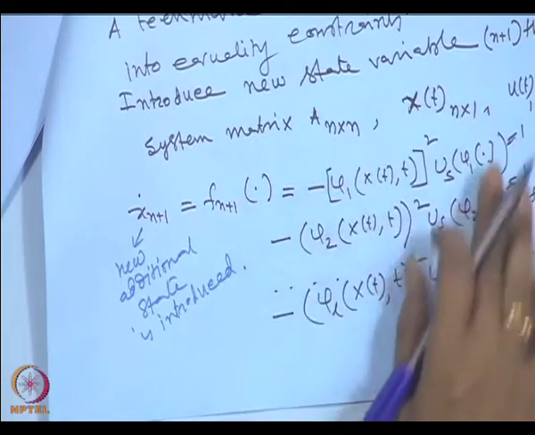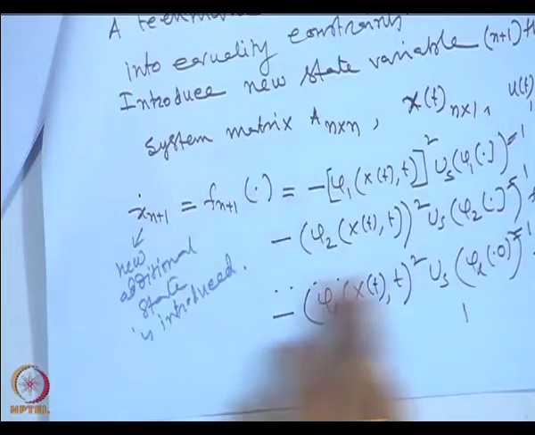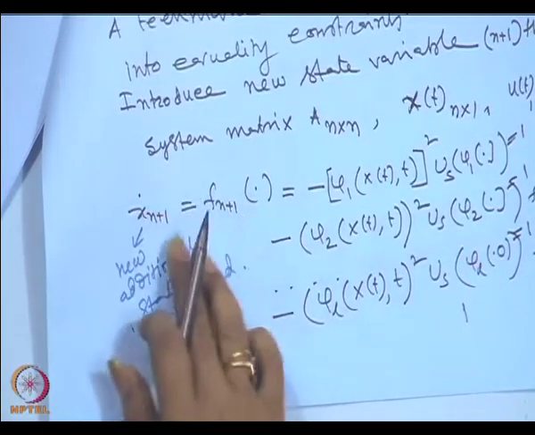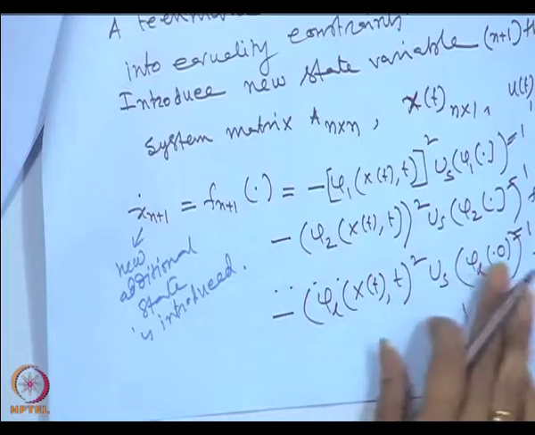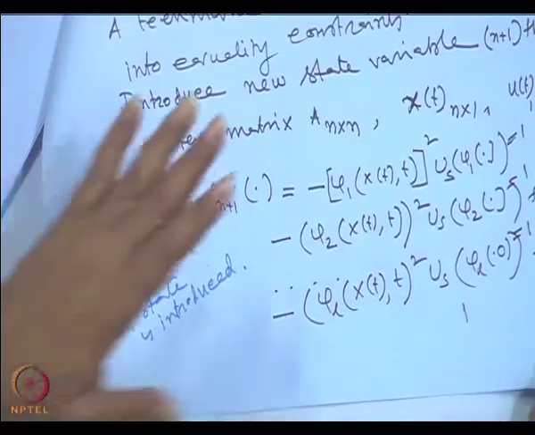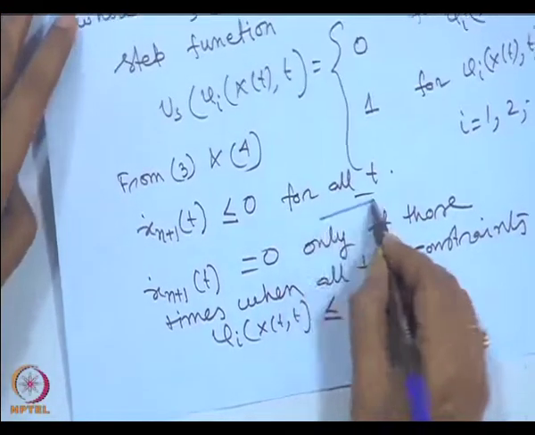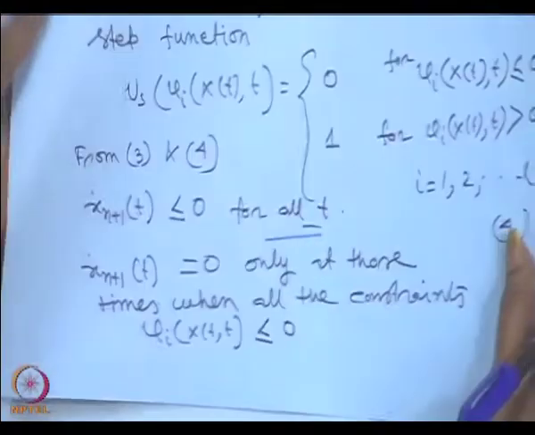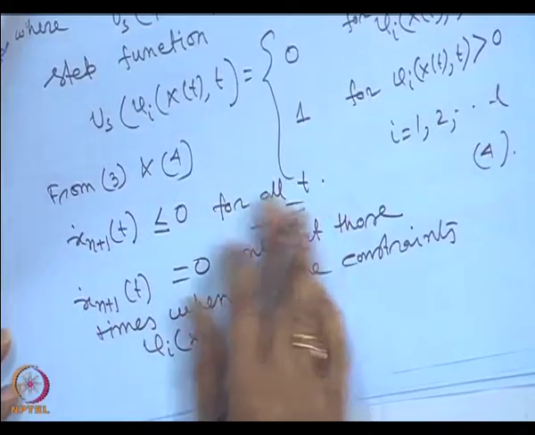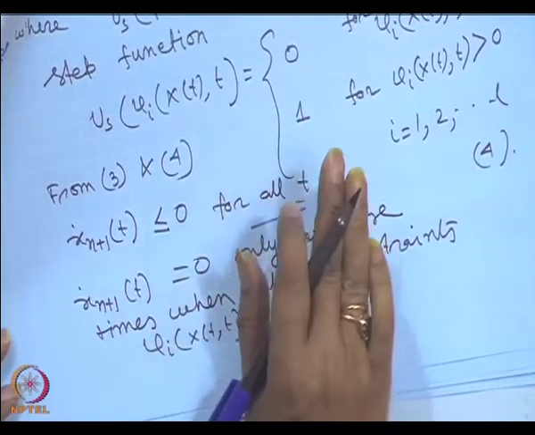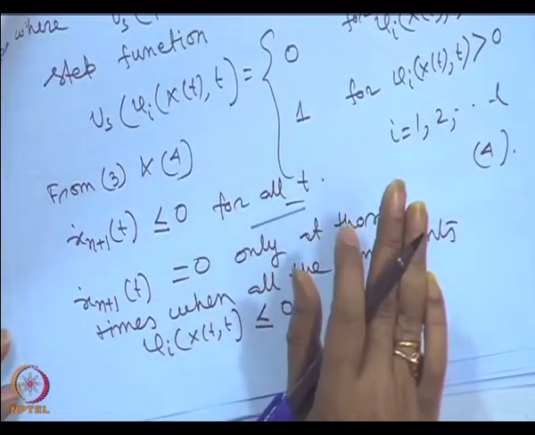Whatever the situation, this expression x dot of t is less than or equal to 0 for all t. Another situation arises when all the constraints are not satisfied.